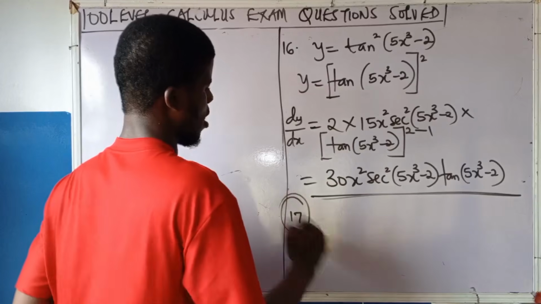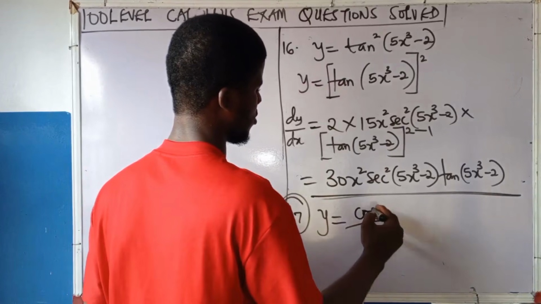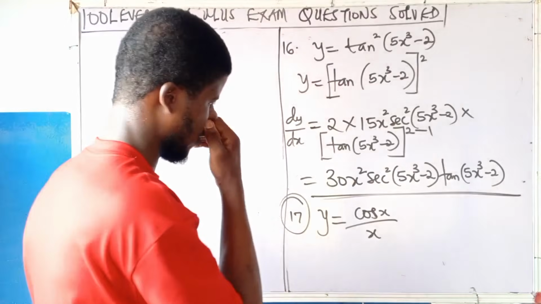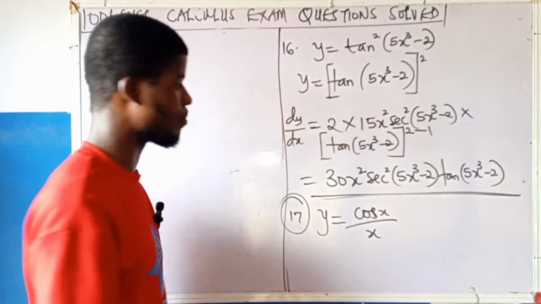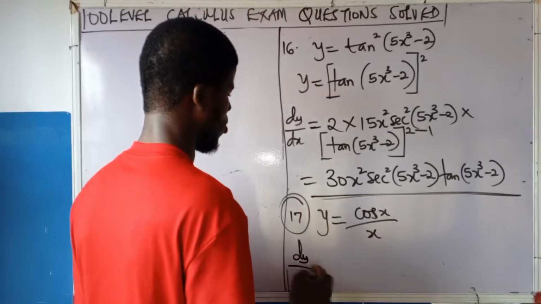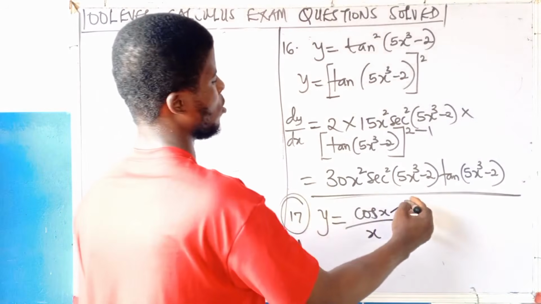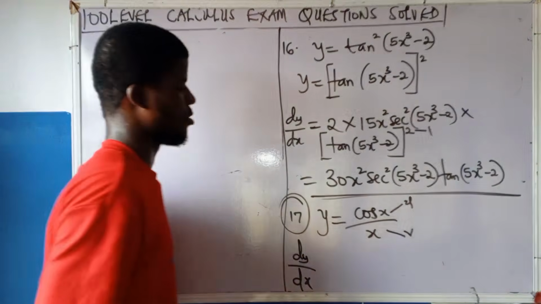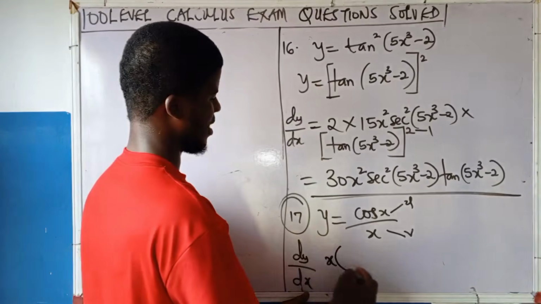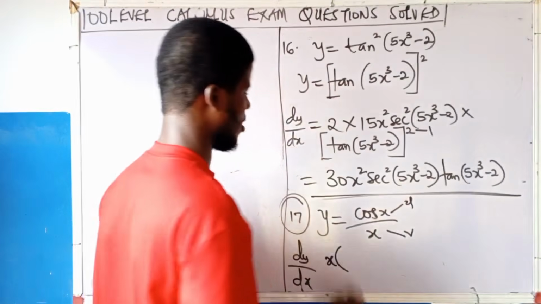Question 17. How do we differentiate y equals cos x all over x? In this case, we are going to apply the quotient rule. I don't want to write the quotient rule, but let's follow from the rule. The top is always u, the bottom is always v. So the rule says, write v times the derivative of u. If you differentiate cos, you're going to get minus sin.